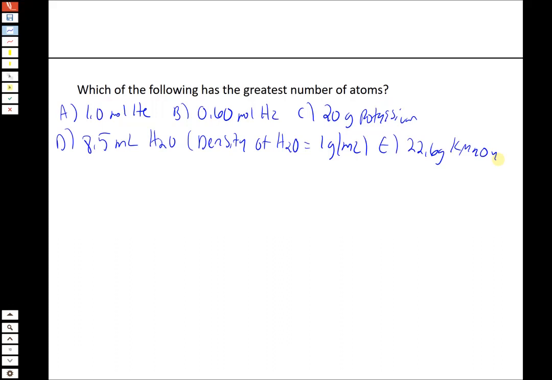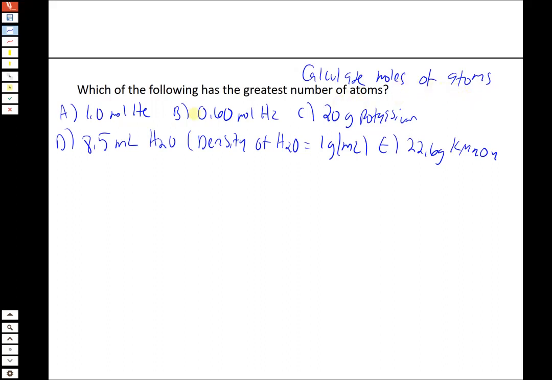You have 5 answer choices, and you have to figure out which one has the greatest number of atoms. So technically speaking, we need to calculate the number of atoms in each of these answer choices. Now the reality, though, is we could just calculate the moles of atoms. That'll be a smaller number to deal with and one fewer step in most cases, because to get the number of atoms, we would just multiply that by Avogadro's number.